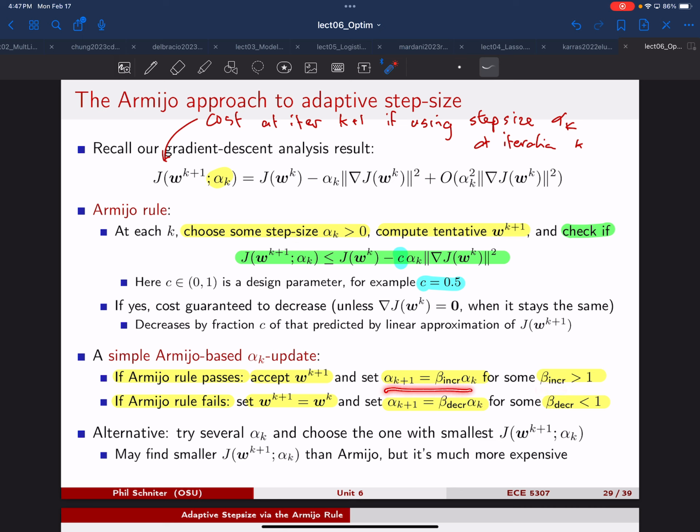So it says, increase my step size a little bit. Let's see if I can get away with a higher step size the next iteration. And it will keep doing this. It will keep increasing your step size until eventually it will fail. But if these parameters are set up well, it will pass many times and it will only fail a few times. And in doing so, it will be pretty efficient. Most of the work computationally is going to be used rather than thrown away. So that's overall how this works.